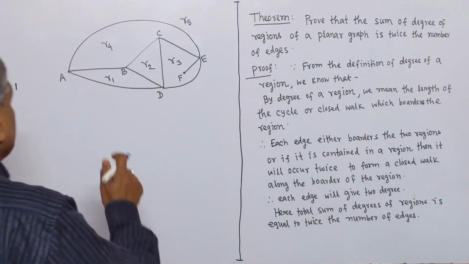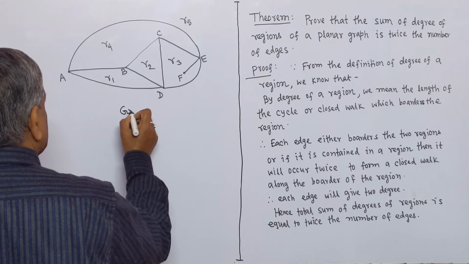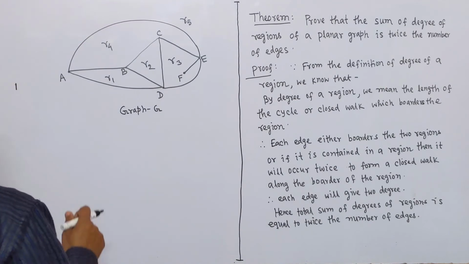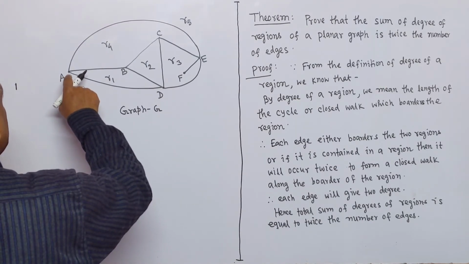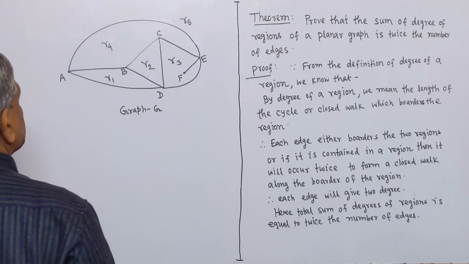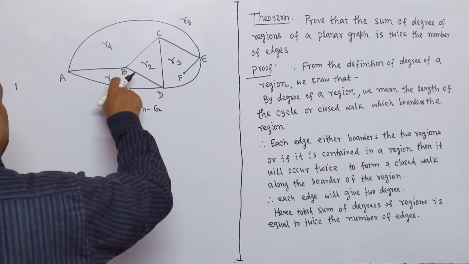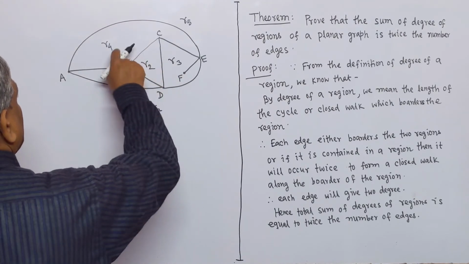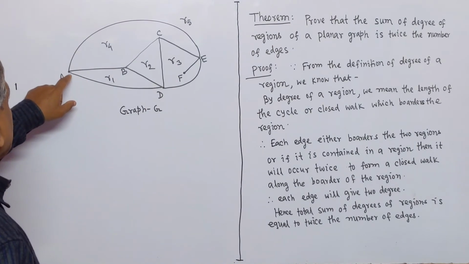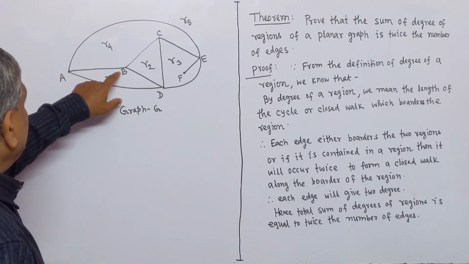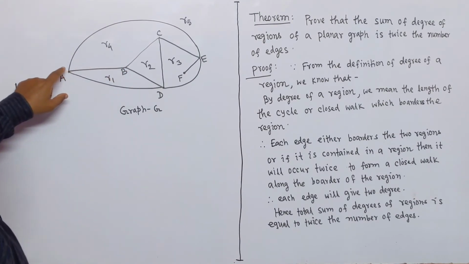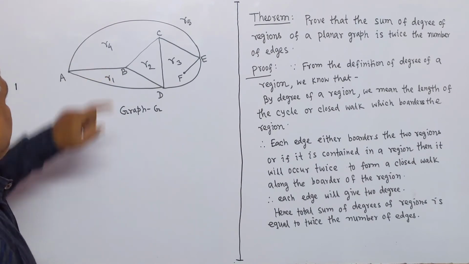For example, this is the planar representation of the graph G. Here we see that vertices are A, B, C, D, E, F, and regions are R1, R2, R3, R4, R5. Here we see that the edge AB is on the border of the region R1 and R4.